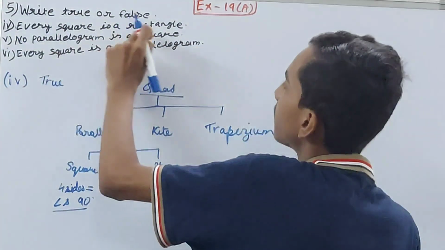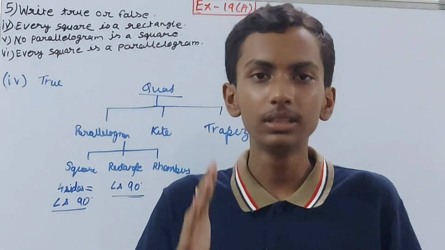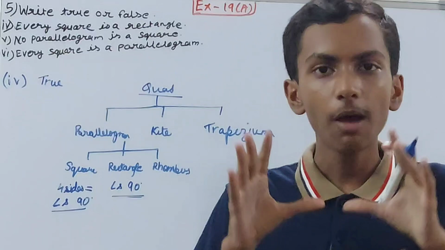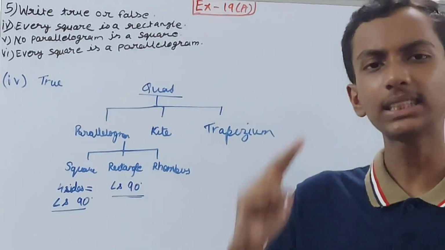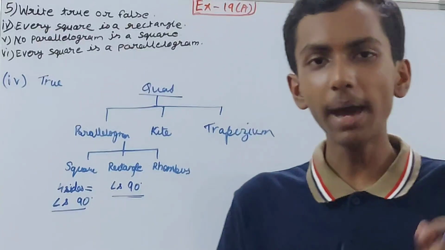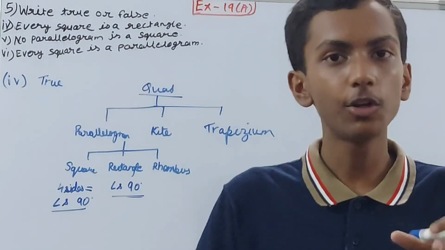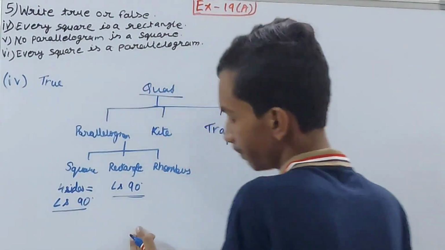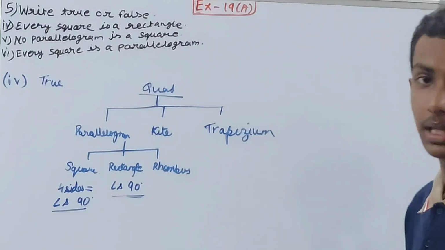No parallelogram is a square. What does a parallelogram say? Both pairs of opposite sides are parallel. For a quadrilateral to be a parallelogram, both pairs of opposite sides must be parallel. In a square, is it not possible? Yes.